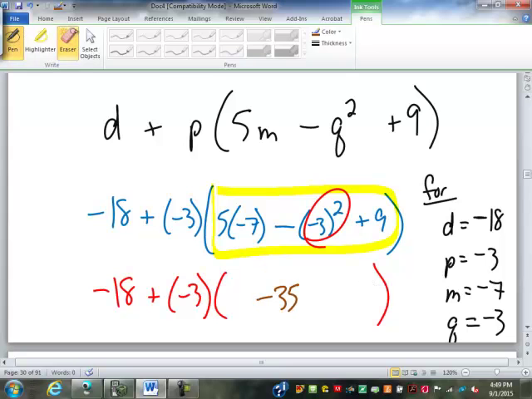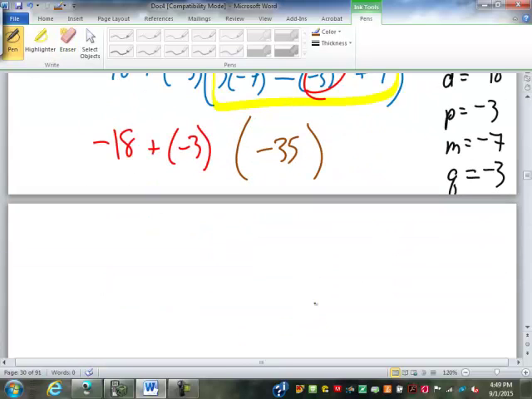So now I don't need these parentheses anymore. I had the negative 35 minus 9, or plus a negative 9, gave us the negative 44, right? So I have negative 44 plus 9 again, puts us back to negative 35.